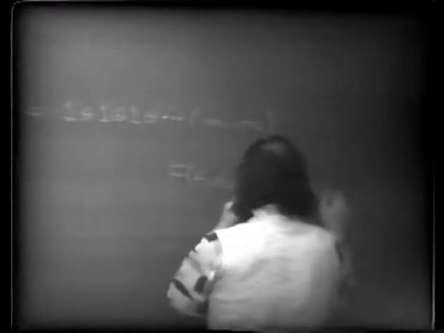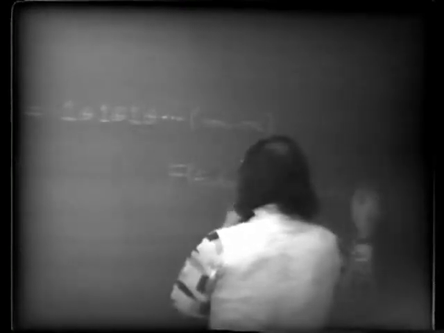So the first thing I note is that f of epsilon 1, epsilon 2, epsilon 3 must equal f of epsilon 1, epsilon 3, epsilon 2, because this thing is already symmetric when I interchange E2 and E3.